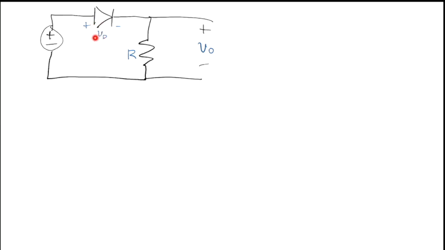But by writing it this way, I'm not saying that the diode voltage is always positive. I'm just saying that we've defined VD as plus to minus across the diode that way. And we've got some input voltage, which varies as a sinusoid.